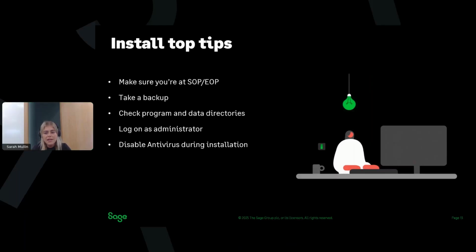And then last but not least, you do want to watch out for any antivirus software. Sometimes antivirus can block files during installation. If you see any pop-ups or run into any issues, maybe try temporarily disabling the antivirus and just rerunning the installation. Nine out of 10 times, that's going to fix your problem.